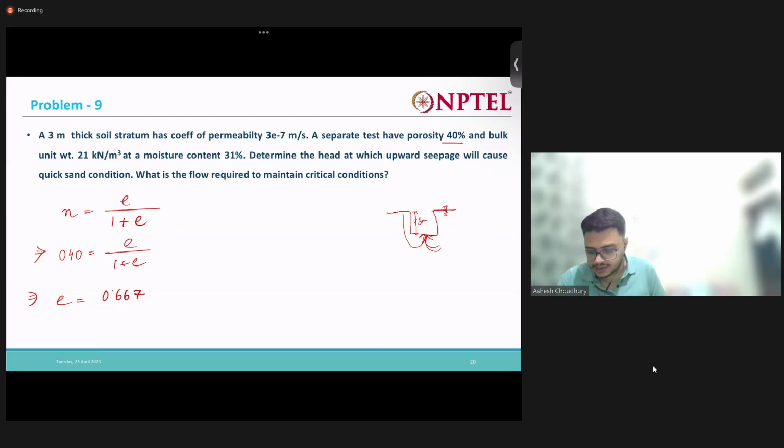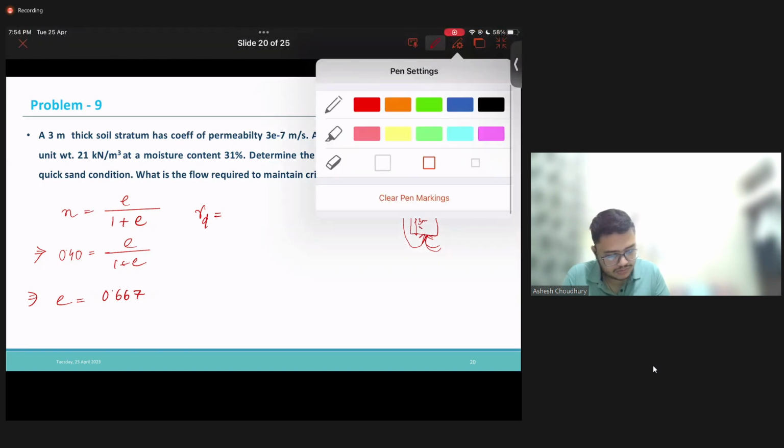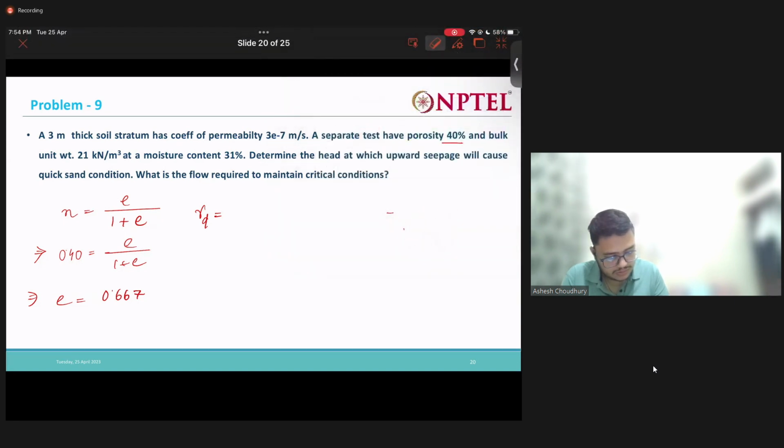Now what we can do is find out the dry unit weight, gamma d. Can we find the dry unit weight? The bulk unit weight is given. So what was the relation between bulk unit weight, dry unit weight, and water content?